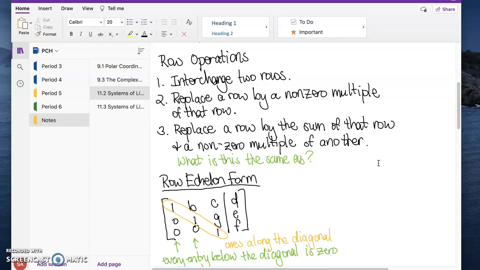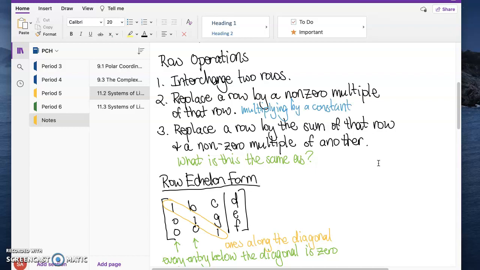We do that in the elimination method. So this is basically the same as multiplying an equation by a constant.